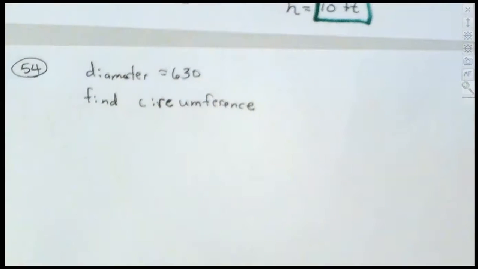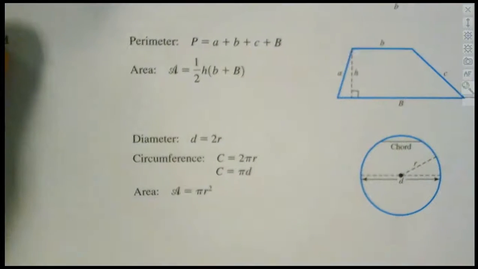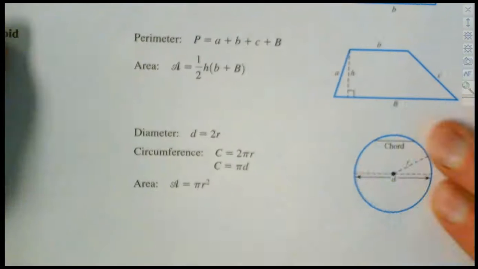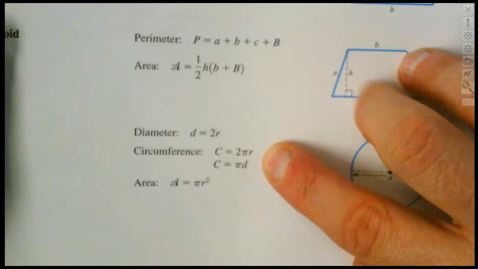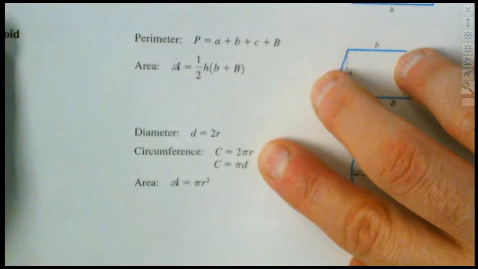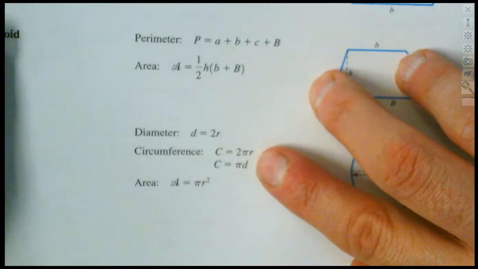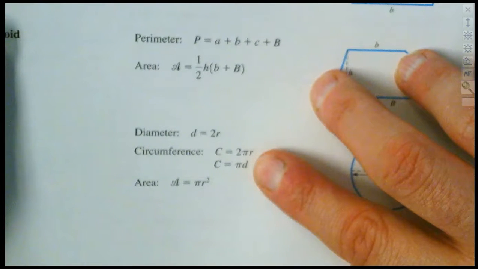That means, again, we go to the back cover of our textbook. We go down to the bottom, and we find the circle. Now, there are two formulas for the circumference of a circle. One that has an R, one that has a D. We want the one that has the D because D goes with the diameter.